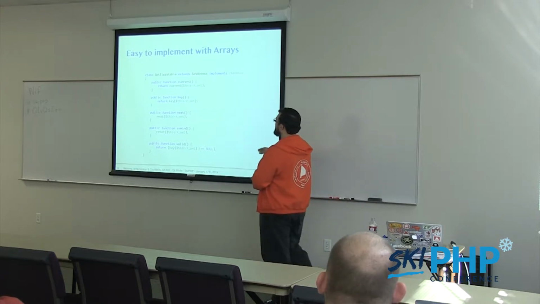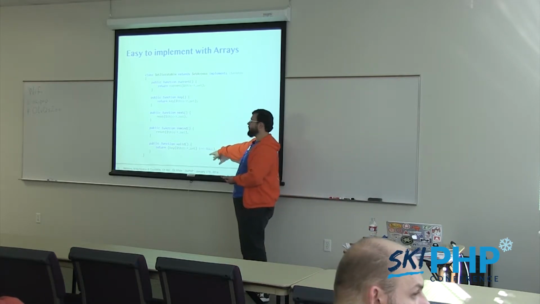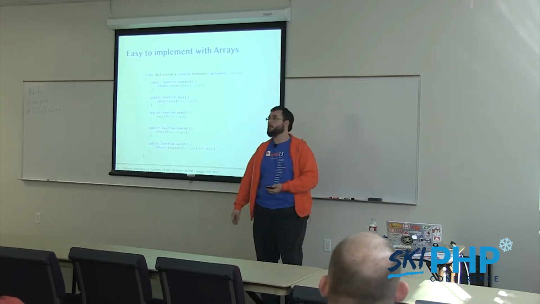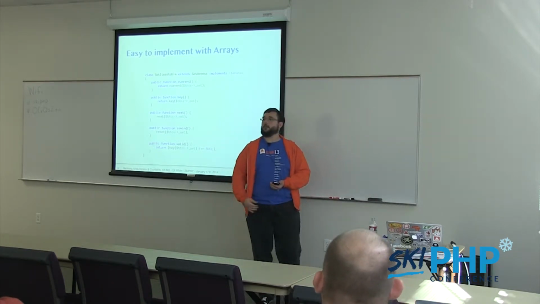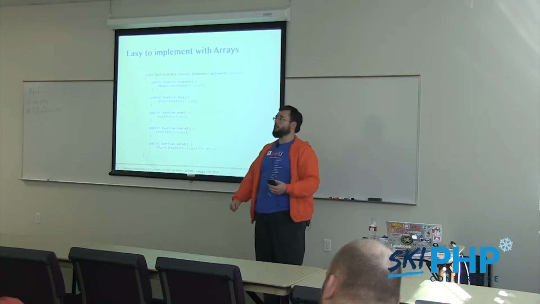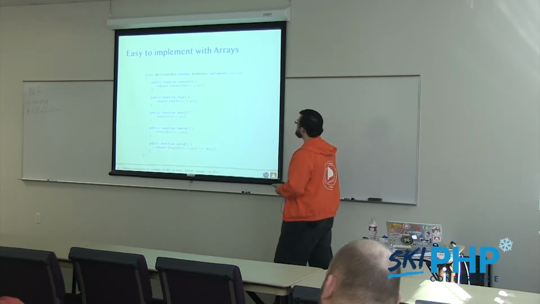So it is valid if the key does not equal null. And make sure you use strict typing here, because otherwise 0 and null evaluate to the same, and when you're on position 0, it'll end up telling you that you're not valid.